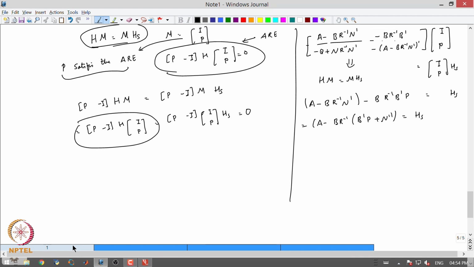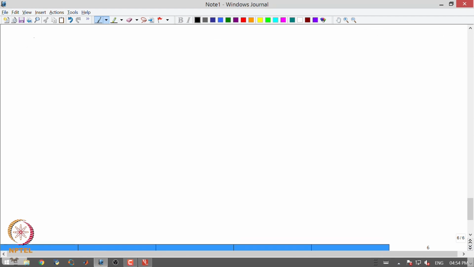Okay. So the last step is to show that P is symmetric. So I again start from this expression, H times M is M Hs.